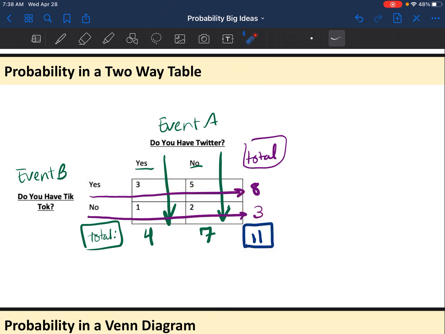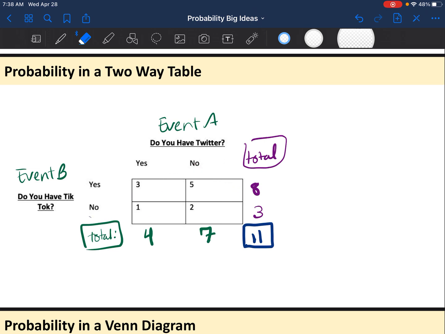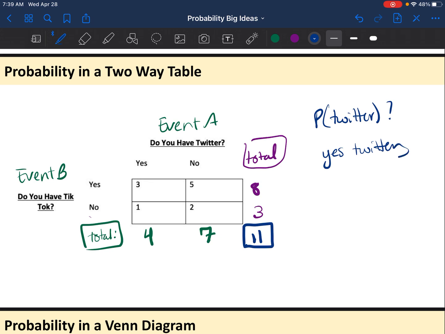So let's think about what some of these things represent now. Now that we can read a two-way table, let's do some probability. What is the probability of Twitter? And I know that means how many people are yes Twitter over the total, over everyone we asked.